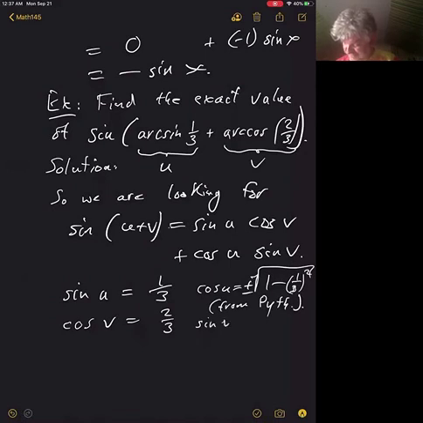Same thing happens with V. The sine of V is square root of 1 minus 2/3 squared.